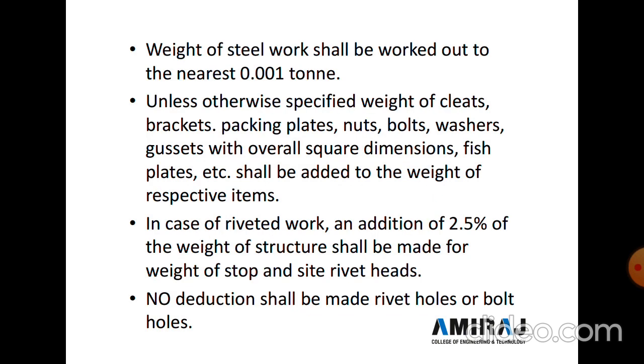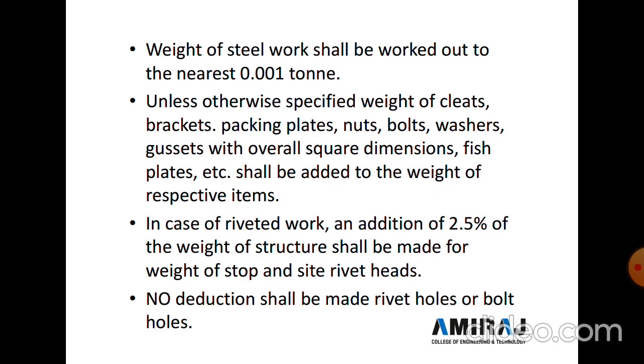The weight of steelwork shall be worked out to the nearest 0.001 ton, unless otherwise specified. Weight of cleats, brackets, packing plates, nuts, bolts, washers, gussets with overall square dimension, fish plates, etc. shall be added to the weight of the respective items.